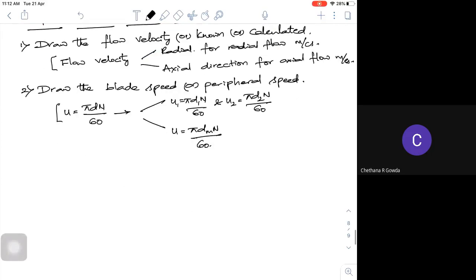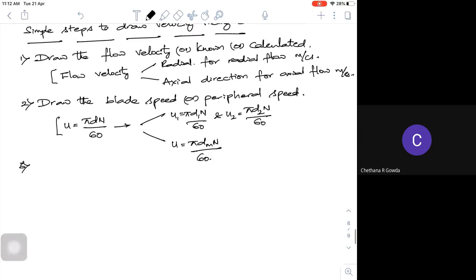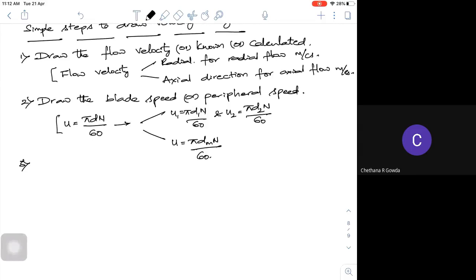Fine. Then the third. See this flow velocity, whatever is there, based upon that I can know my absolute velocity with which the fluid enters.